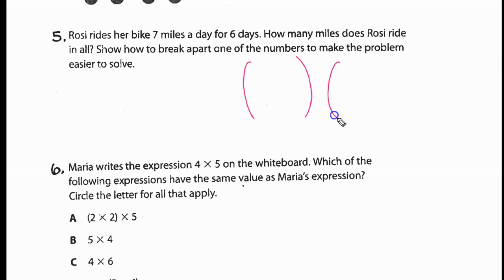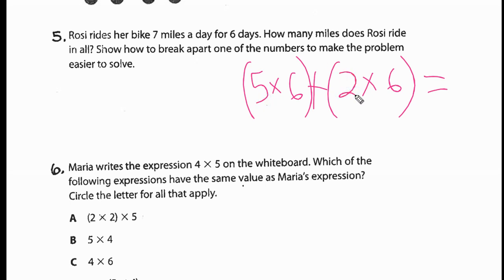Remember the parentheses? So which one do you want to break apart or decompose? 7. So we'll do 7. That means the 6 stays the same. What 2 numbers do you want to decompose 7 into? 5 and 2. Perfect.